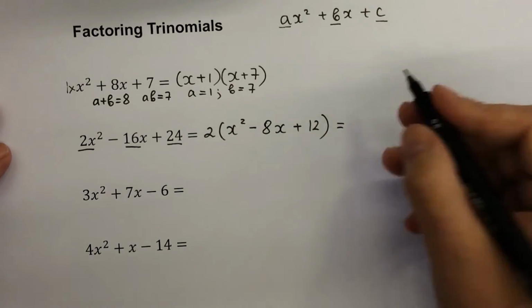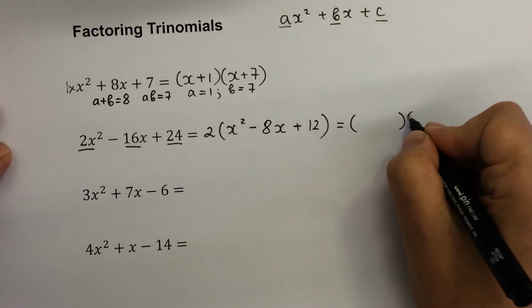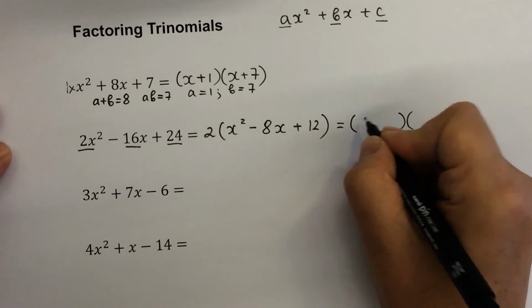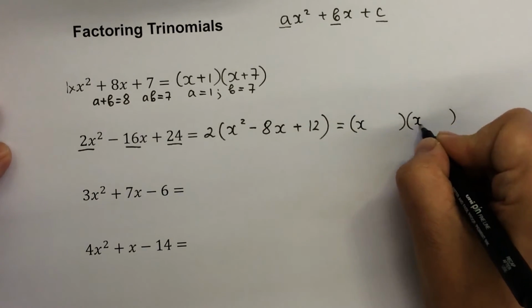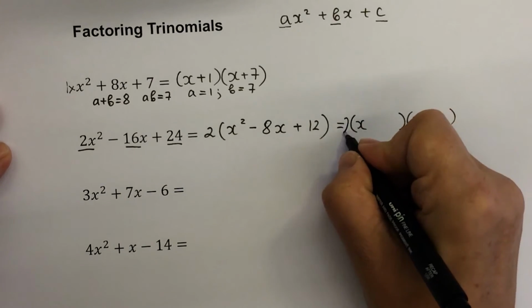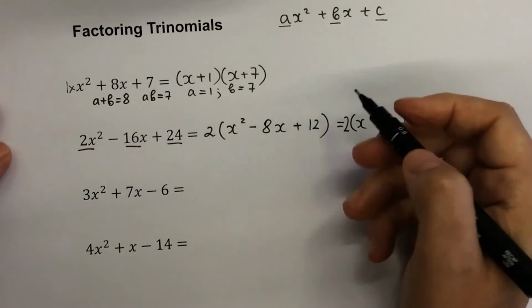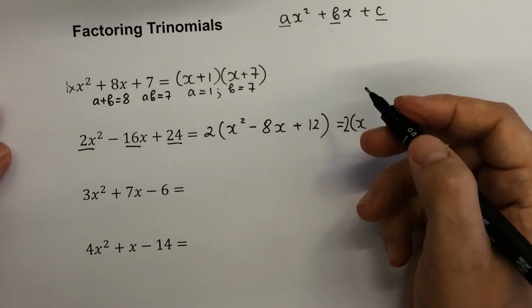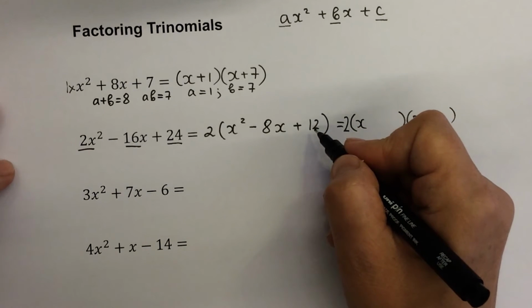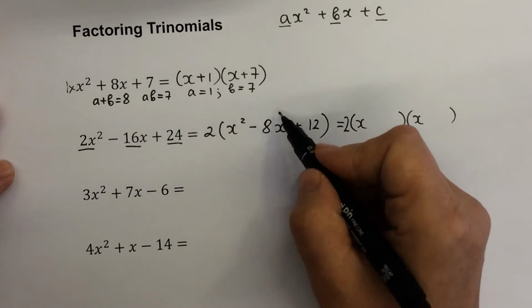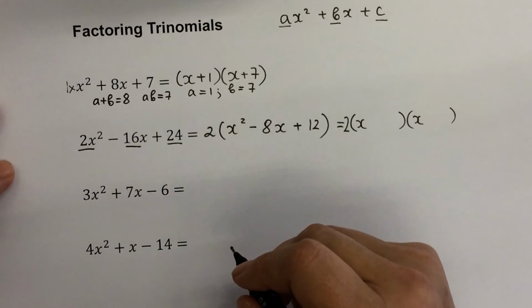Again, I think about two numbers. So I'll write here x, x, and I won't forget this 2. I'm prepared to factorize, such that their product is 12 and their sum is minus 8.